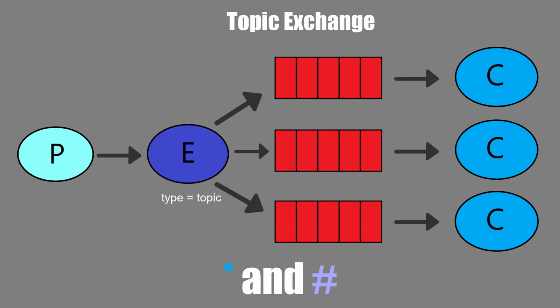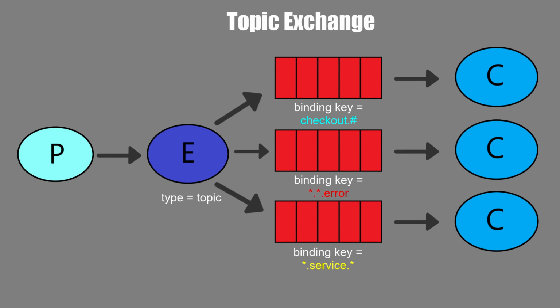So let's try it out. We will have binding keys for three queues as checkout.hash, star.star.error, and star.service.star. So now we have messages sent by the producer having routing keys as follows. Checkout.db.error will go to the first and second queue. Checkout.db.info will go to the first queue.